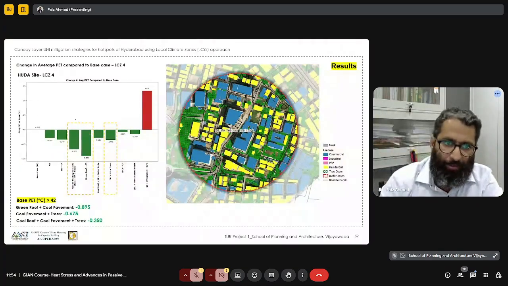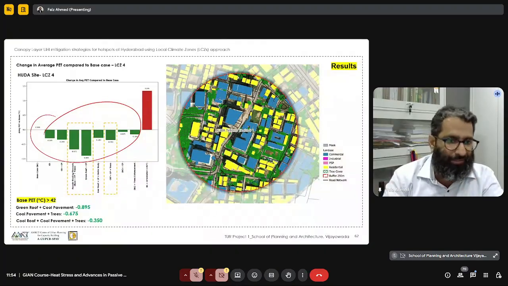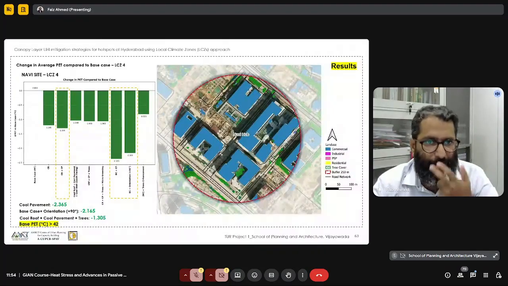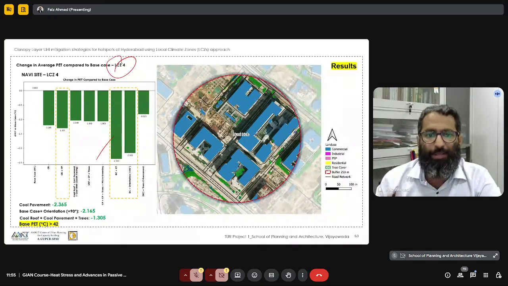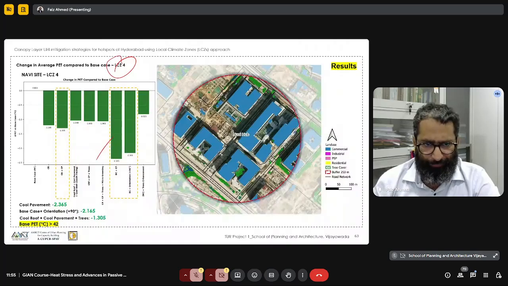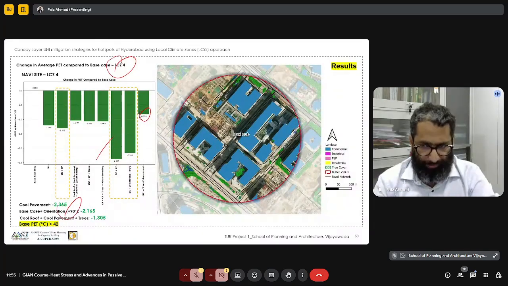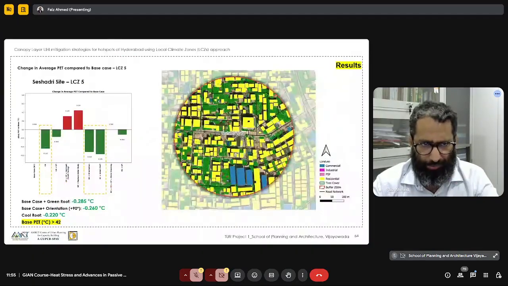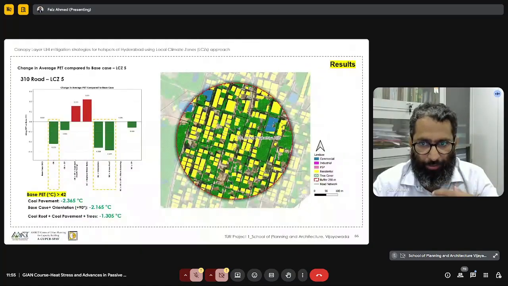In other neighborhoods, a lot of combinations of strategies or individual strategies seem to work, especially where you have LCZ4. All strategies gave a positive output, from 0.8 to about 2.5 degree reduction in PET values. Like this, we did for all the 13 neighborhoods that we have studied.